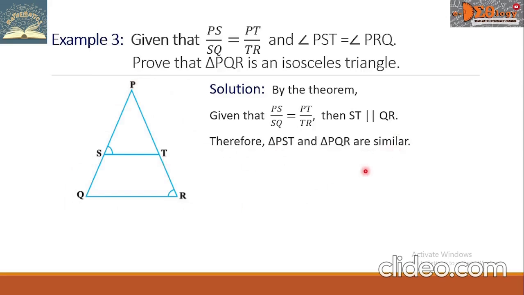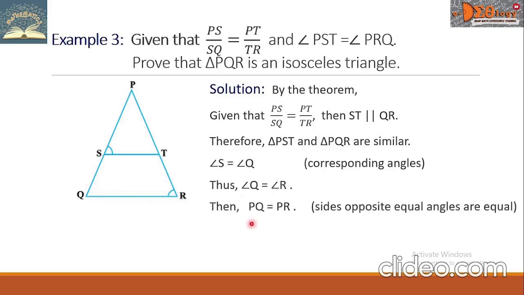In that case, the angle S is equal to the angle Q. We say that corresponding angles are equal. In the given, it says the angle S is equal to angle R. And now we are saying that angle S is equal to angle Q. It means the angle Q is equal to the angle R.